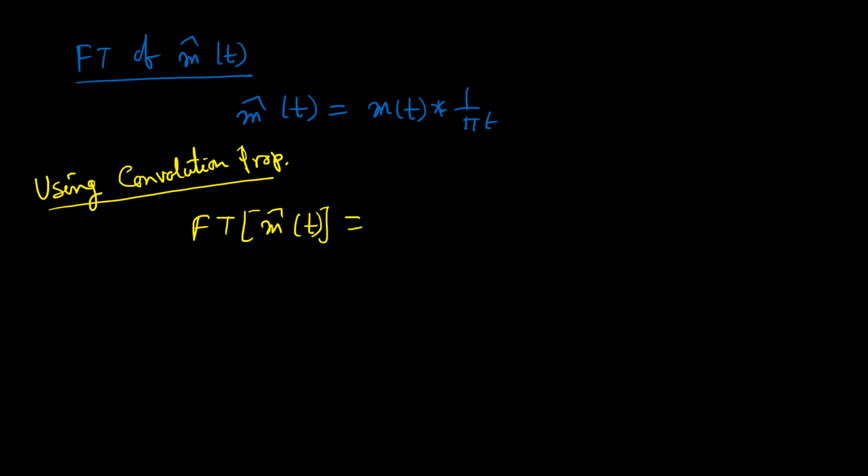Because m cap t is m of t convolved with 1 upon pi t, using the convolution property, the Fourier transform of m cap t, which we denote as capital M cap j omega, is the Fourier transform of m of t, that we call M of j omega, multiplied by the Fourier transform of 1 upon pi t. And that we have got as minus j signum of omega.